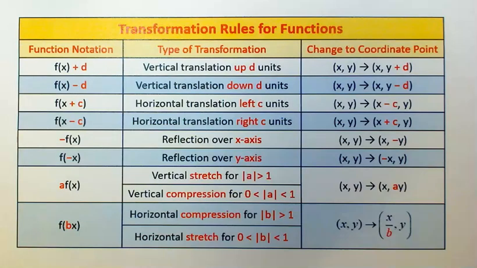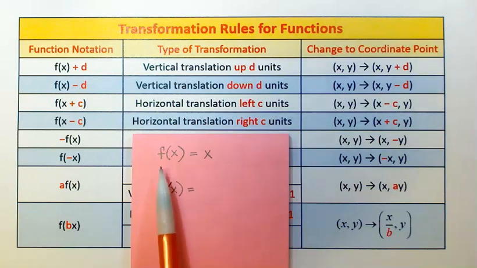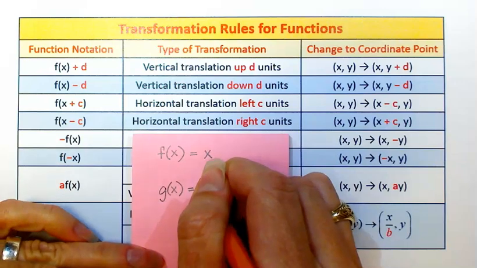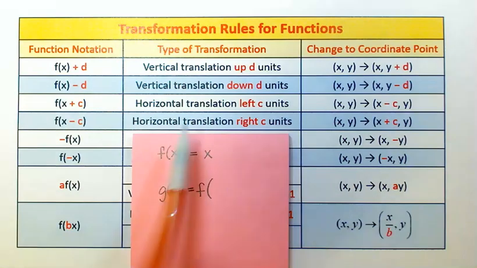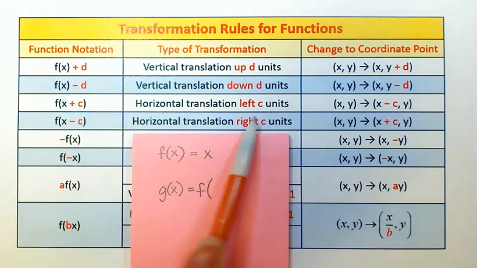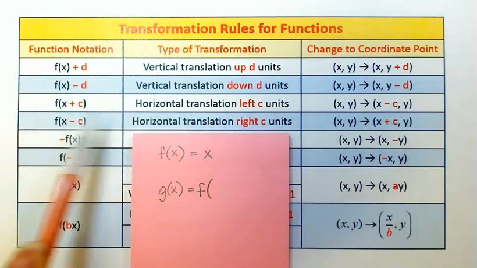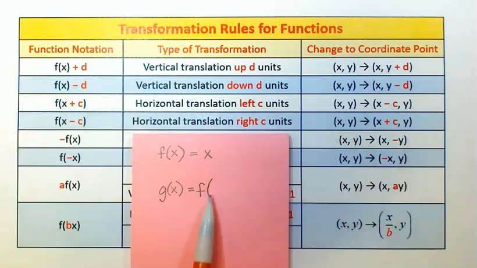Okay, let me get a fresh sheet of paper or a sticky note. All right, once again, here is our original parent function f of x just equal to x. The new one that they want, we're going to call g of x, and we're going to write it in terms of this one. So we're going to say f of, and any time that you shift horizontally left or right, what you do has to go in the parentheses with the x.